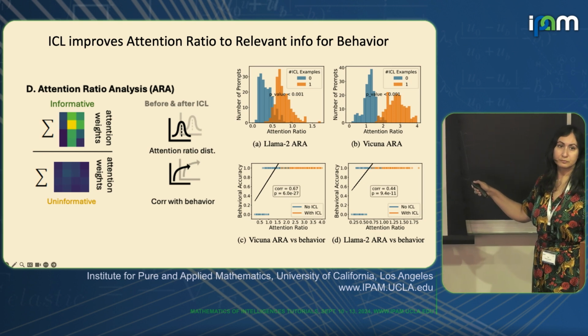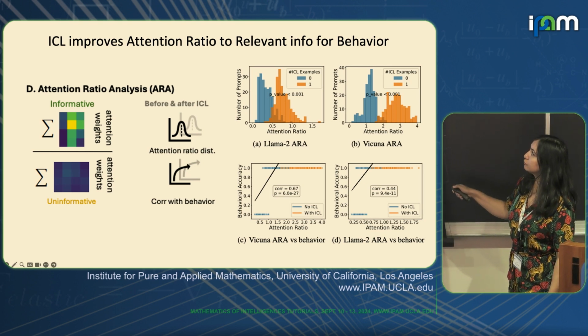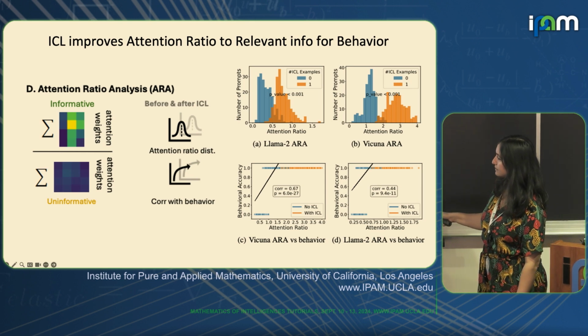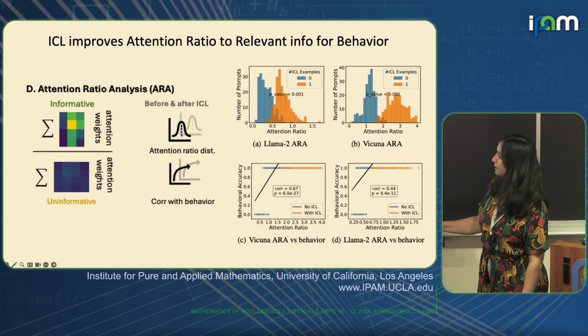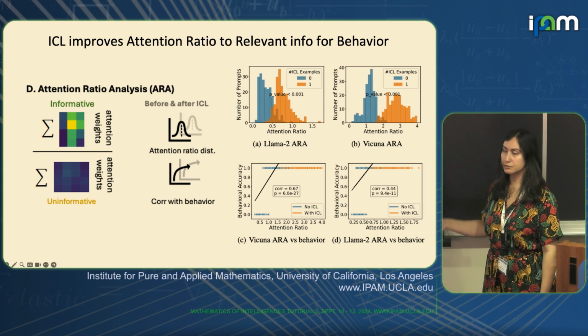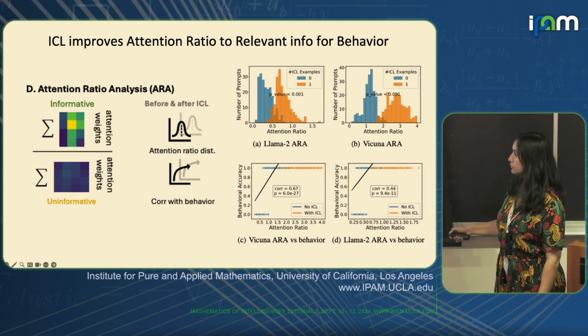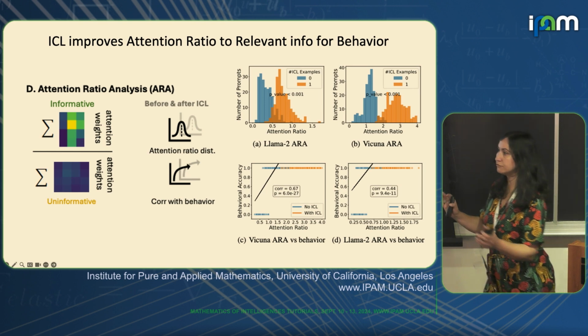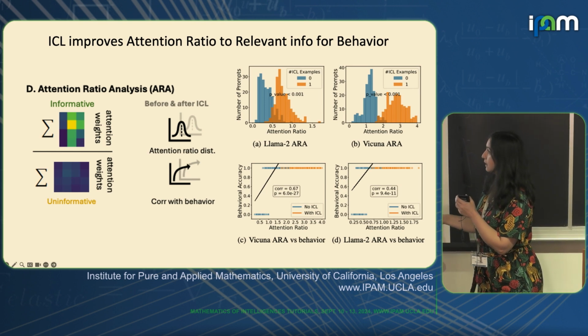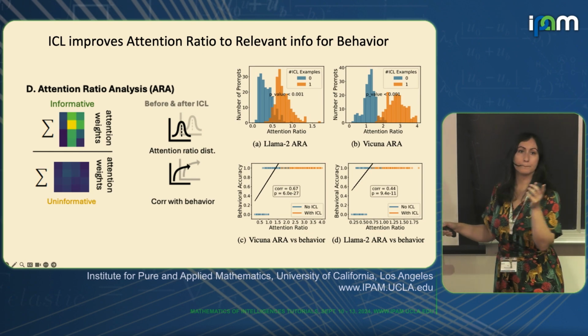That means more prompts are having better attention. On the bottom, you see how the attention ratio on the x-axis corresponds to better behavioral accuracy. This is binary because you're either right or wrong, so it goes from 0 to 1. And you see that there is a correspondence between this shift in attention to informative stuff and how much they get things right.